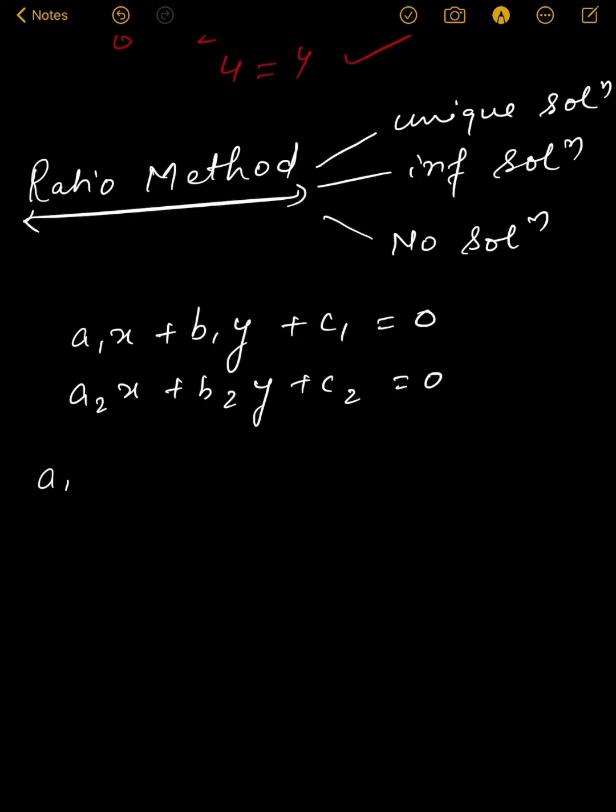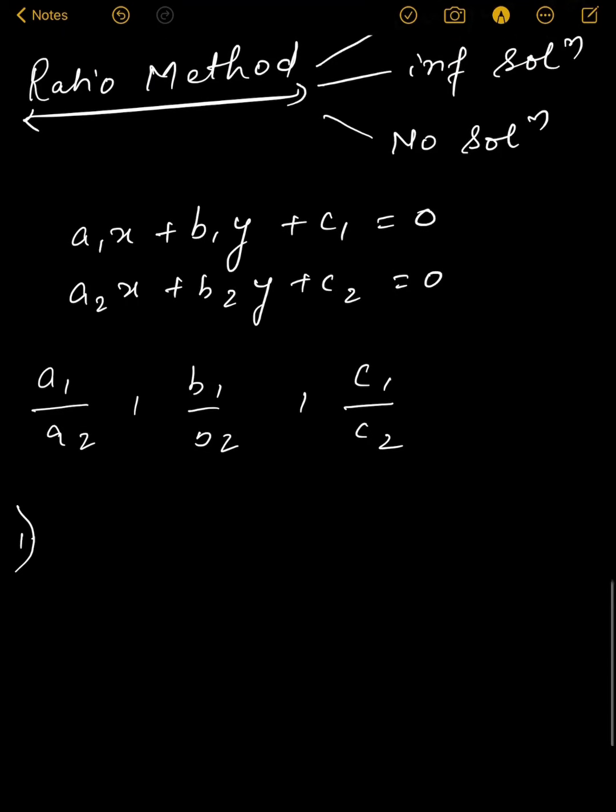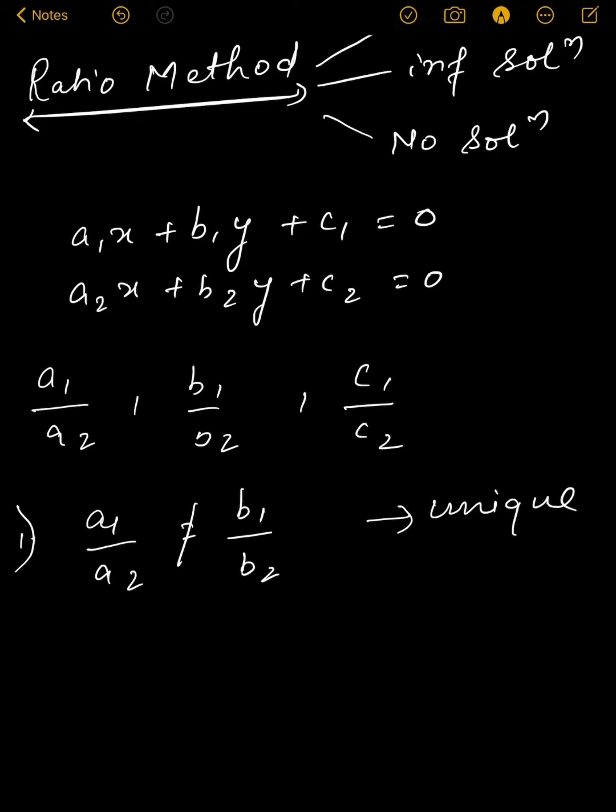You have to find the ratios a1 by a2, b1 by b2 and c1 by c2. Case 1: if a1 by a2 is not equal to b1 by b2, then it is a case of a unique solution, or exactly one solution.